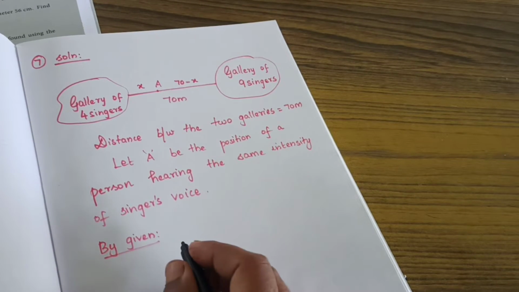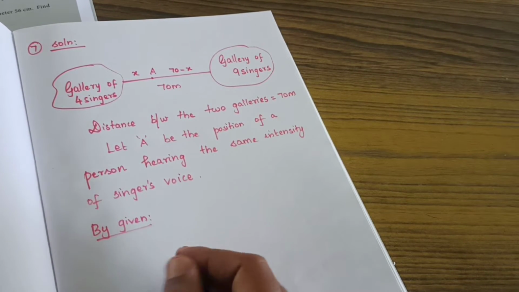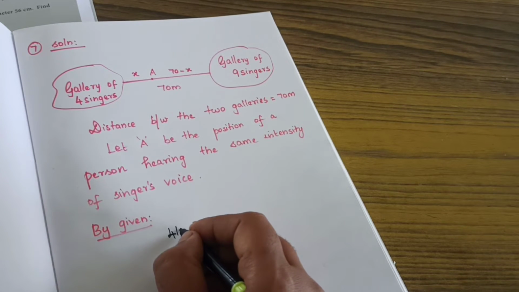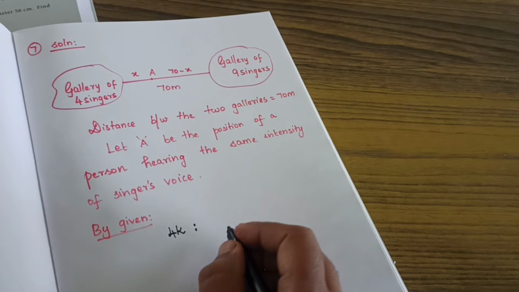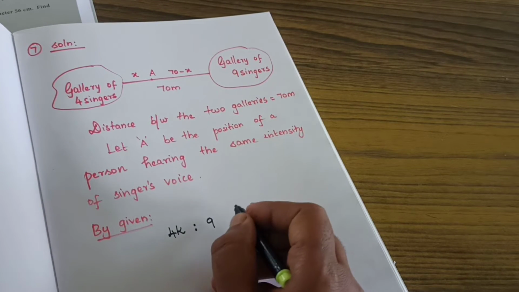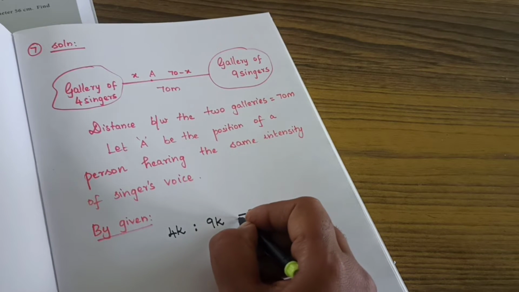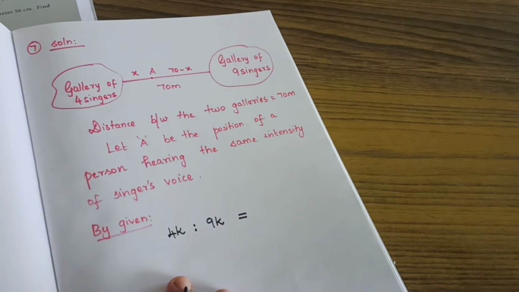By the hint, the ratio of the sound intensity, that means the 4 singers' voice should be 4k to the 9 singers' voice, with the intensity denoted by k, which is equal to the square of the ratio of the corresponding distances.